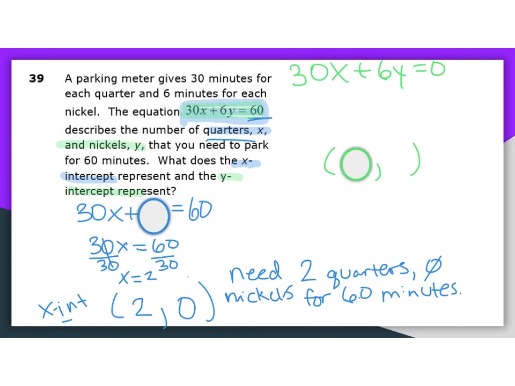So if I substitute my x value 0 in place of x, this will cancel out completely, leaving us with 6y equals 60. Then we divide both sides by 6, giving us a y value of 10.